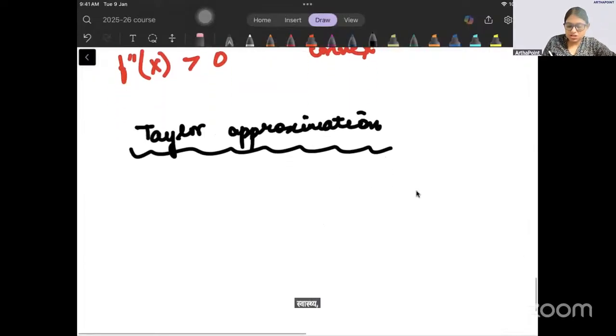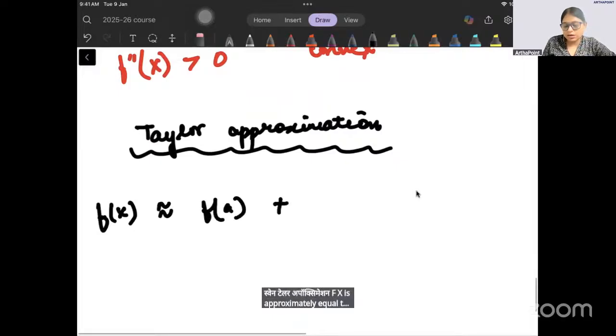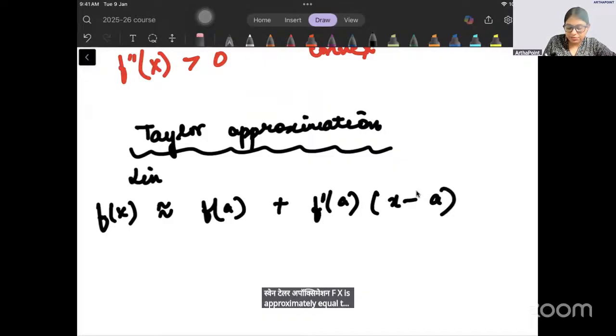In Taylor approximation, f(x) is approximately equal to f of a plus f dash a times x minus a, if it is a linear approximation.